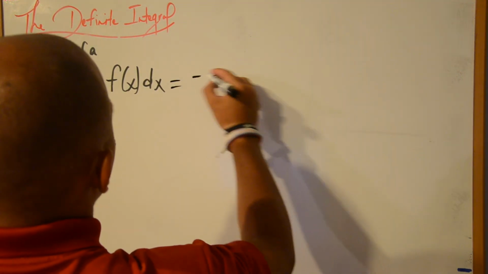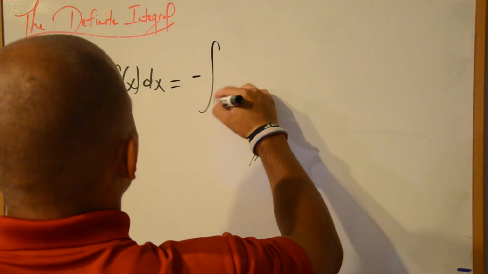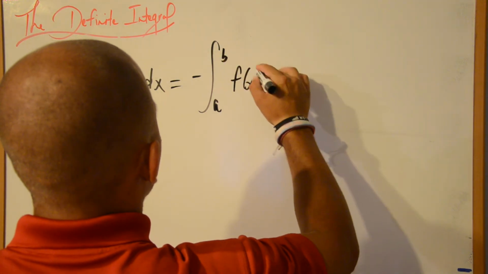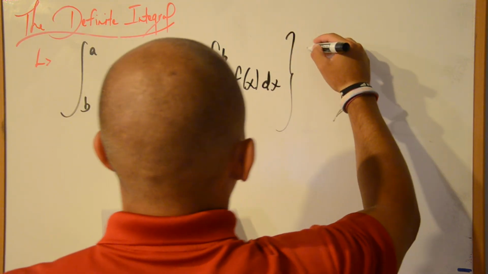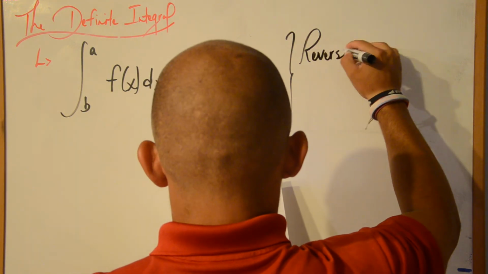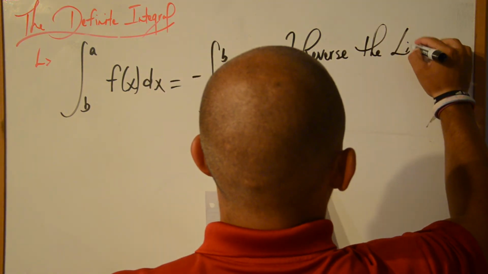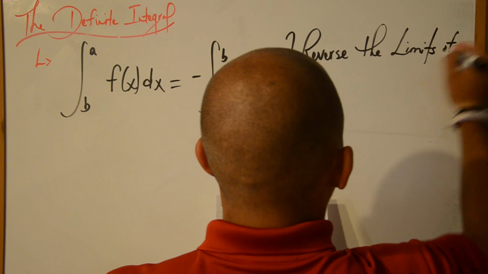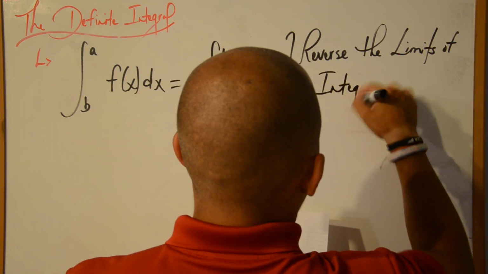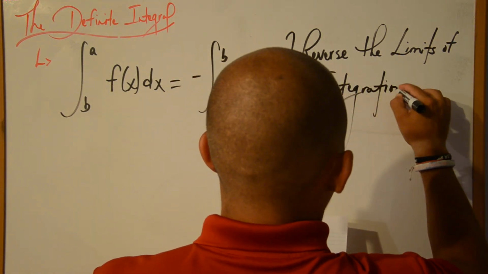So what we do is we remove a negative, which allows us to reverse the limits of integration.